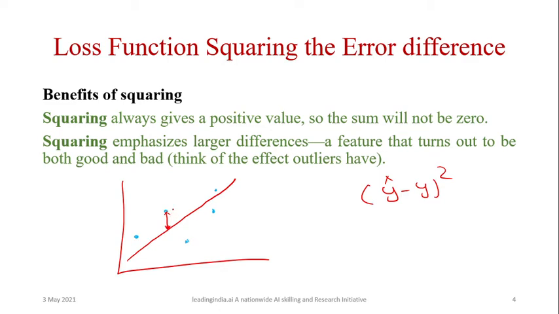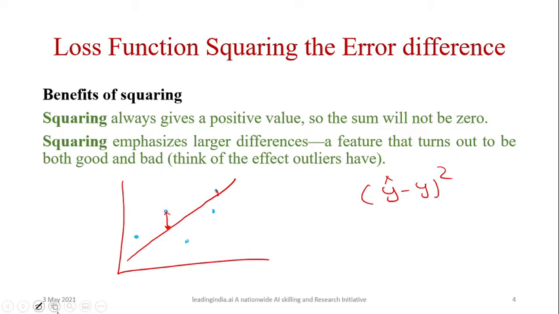It means a value which is far from the predicted line will have more impact than a point which is closer to the predicted line, right? So this has some good sides, and sometimes it has bad sides as well. Now you can ask why it is a bad idea.